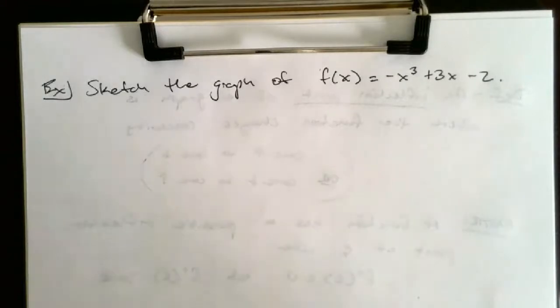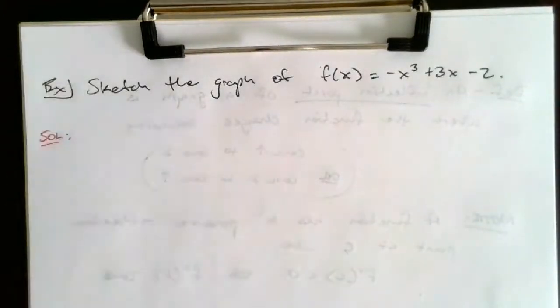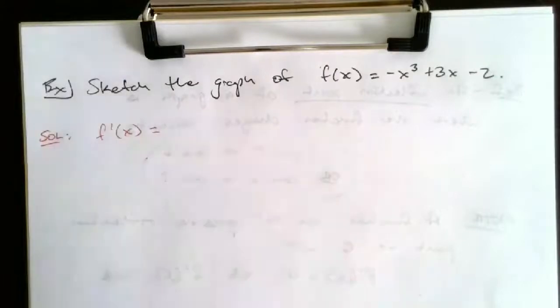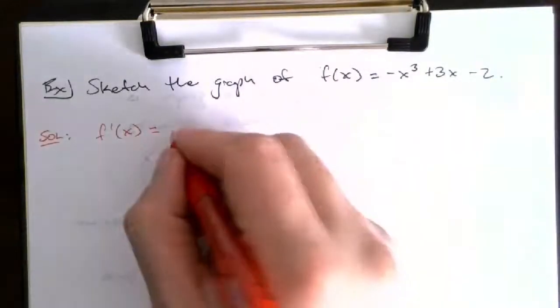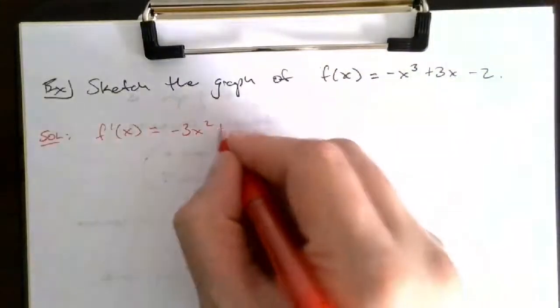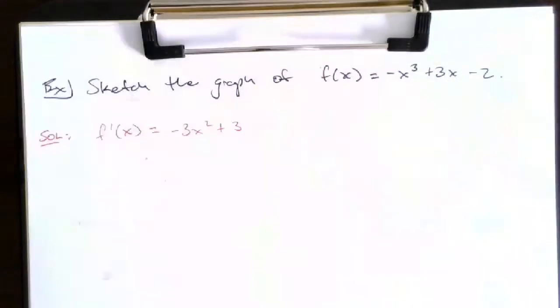Before I do any of that, I need to take the first derivative, because to find relative extrema, I need to use the first derivative to find the critical values. So f prime of x is equal to negative 3x squared, plus 3, and the derivative of negative 2 goes to 0.